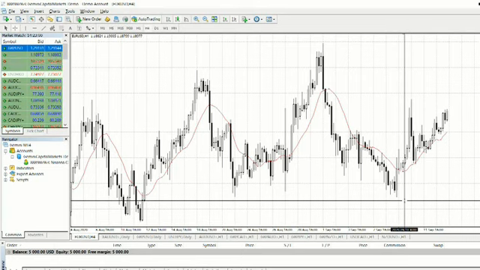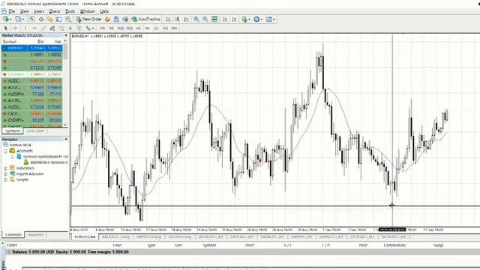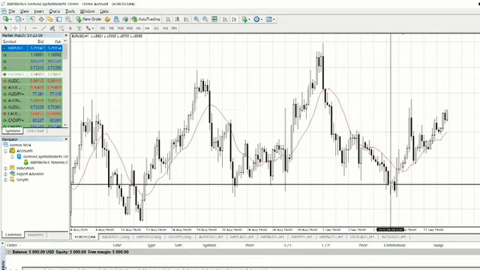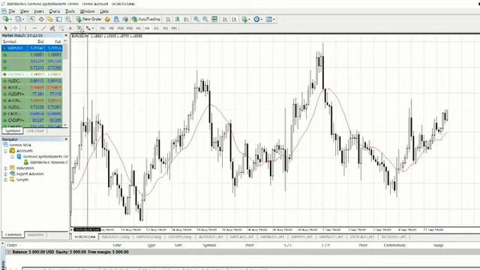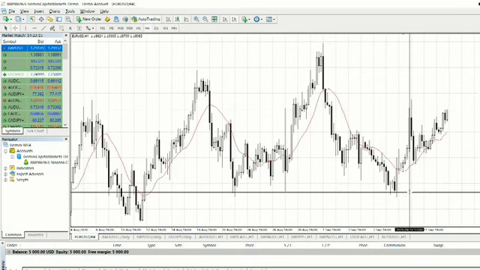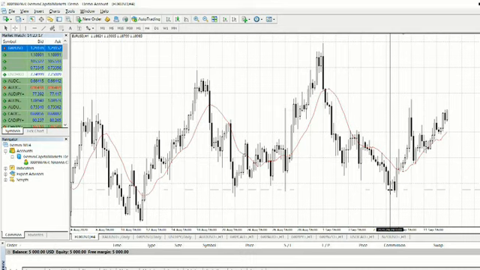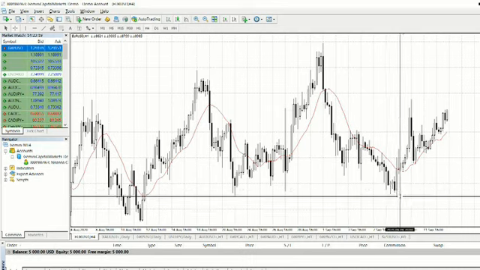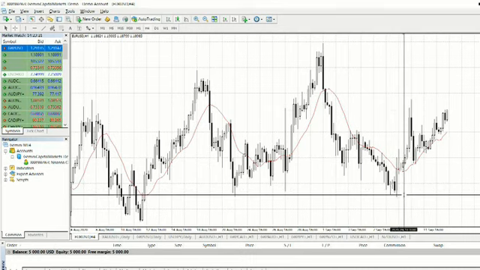But as a basic, you want to place it 10 pips below the low. So this is the entry price. If you hover over this candle, you can see at the top here the open, high, low, and close price. You can see here that the low price is 1756.